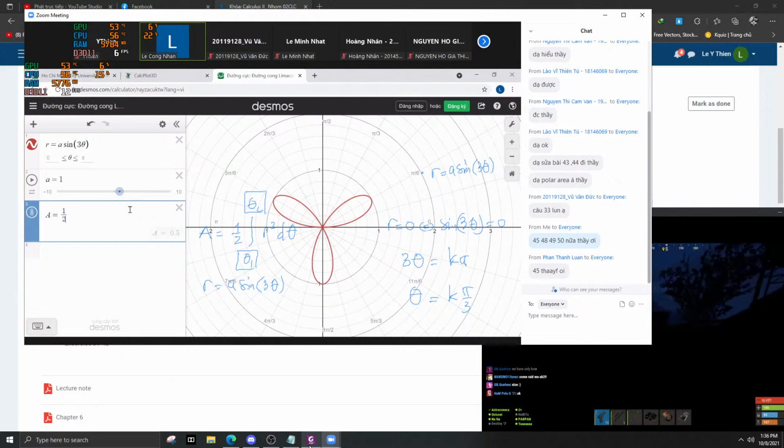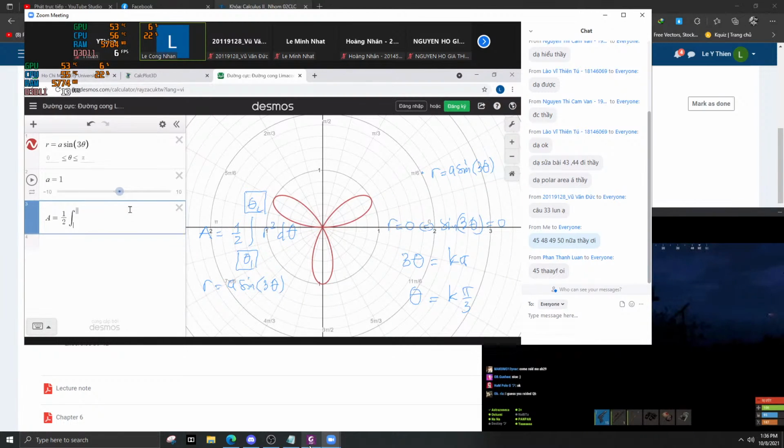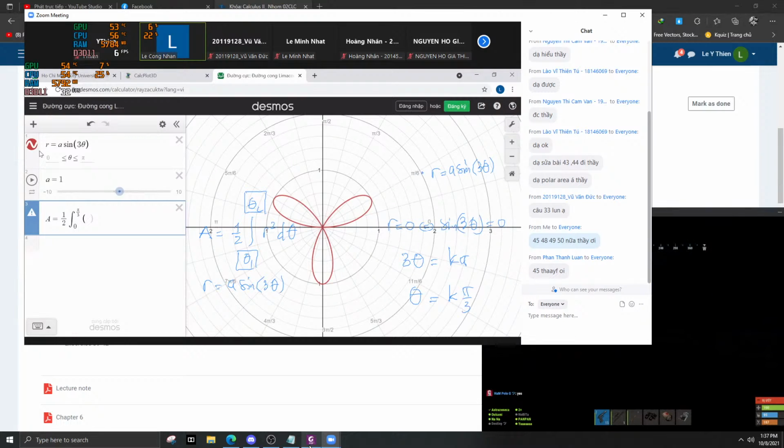That is 1/2 the integral from 0 to pi over 3 of the radius squared, but the radius is 8 times sine of 3 theta, squared, d theta.